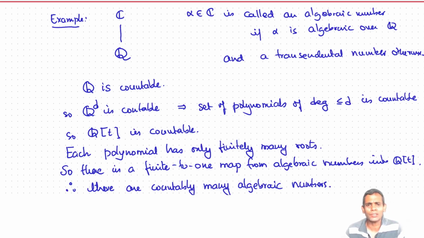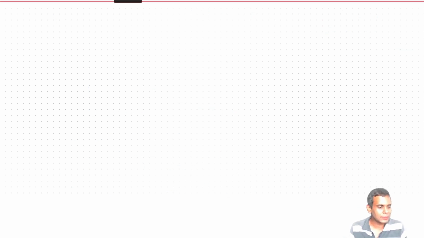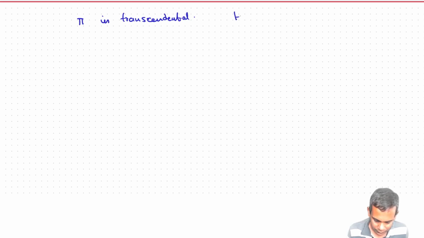There are lots and lots of transcendental numbers, but it turns out it's not so easy to prove that a number is transcendental. So the first well-known number to be shown to be transcendental was pi. Pi is transcendental, and this was proved by Hermite in 1873.